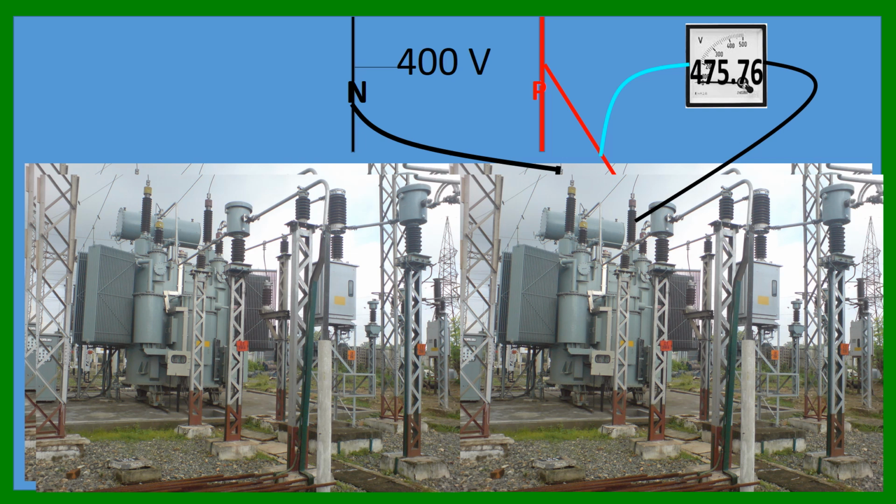If the phase sequence is the same, the voltmeter will show the subtractive, because one end is 400 volt and the voltmeter will show the voltage difference. On the 25 kV side, one terminal is the phase terminal at 75.76 and the voltmeter other end is 400 volt, so it will show the subtractive value, because the voltmeter is giving the potential difference, voltage difference.